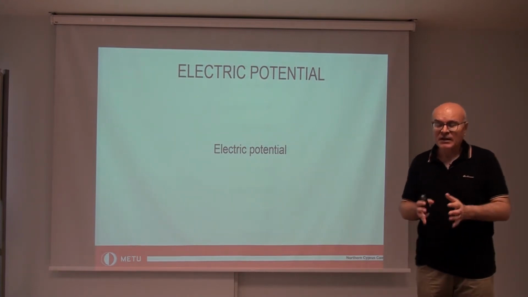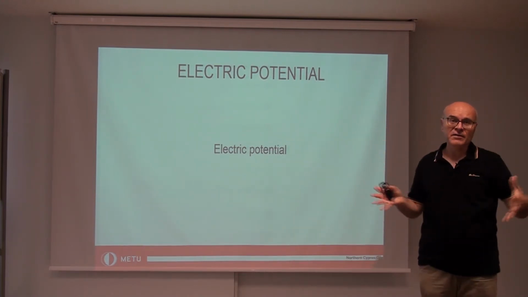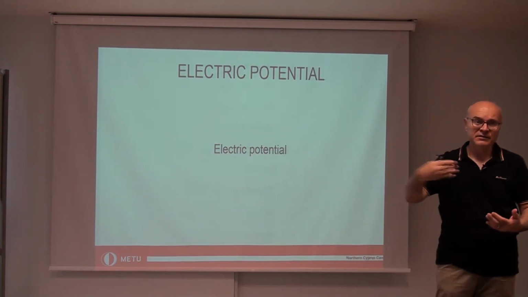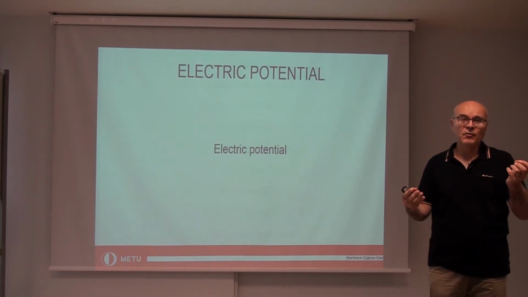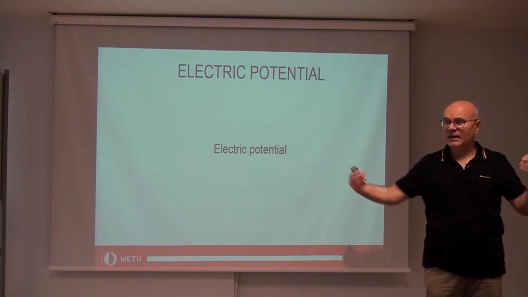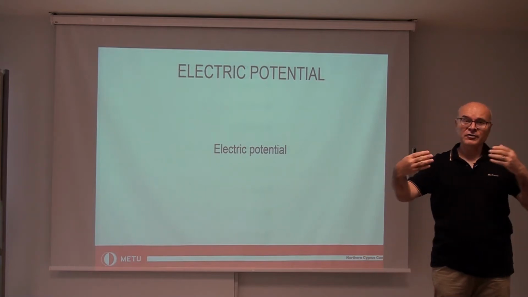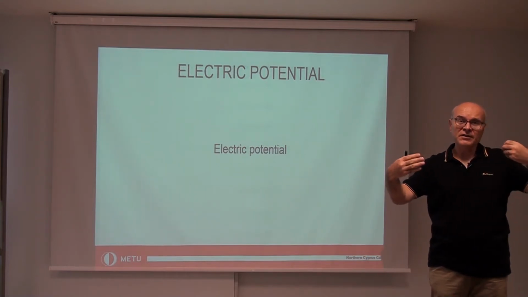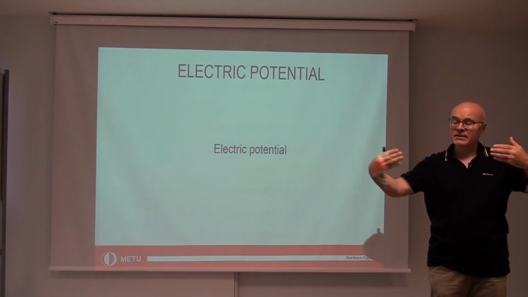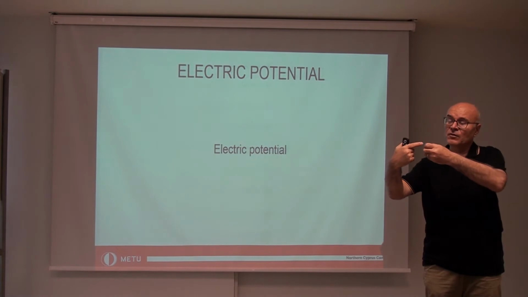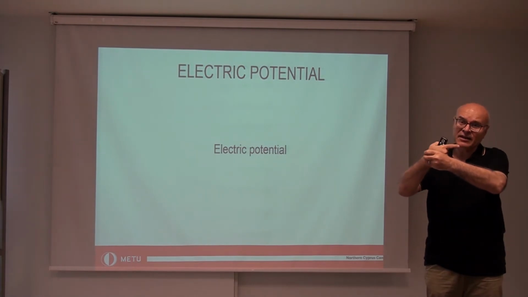So think of a given charge distribution that is generating some field in space. Assume that the field is directed this way. Now bring a point charge and throw it against the field. The point charge will start with a given kinetic energy, so a given speed. Since it's moving against the field, and since it's positive, the force will be against its direction of motion.